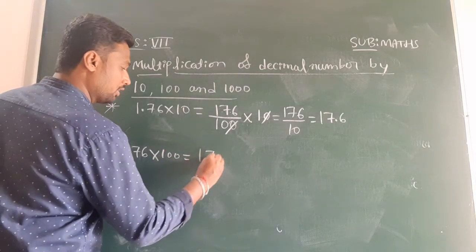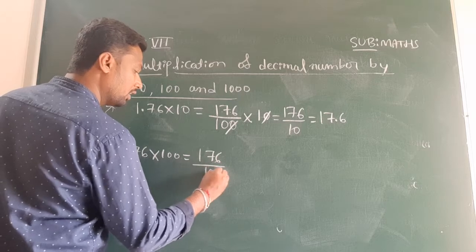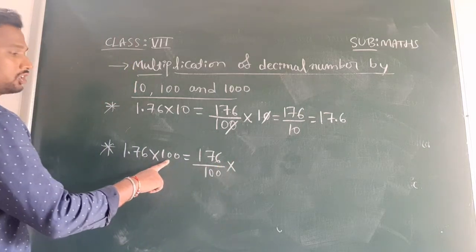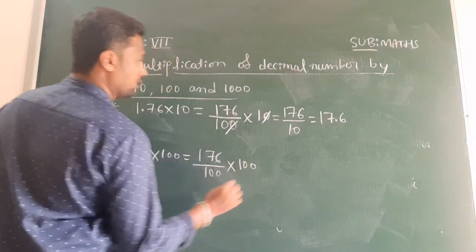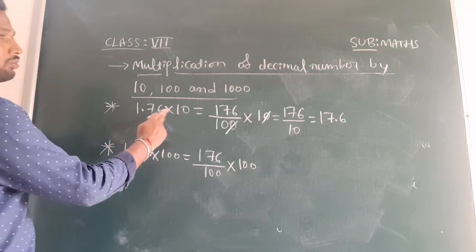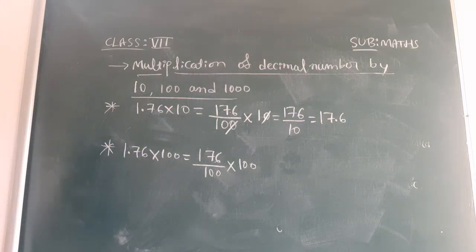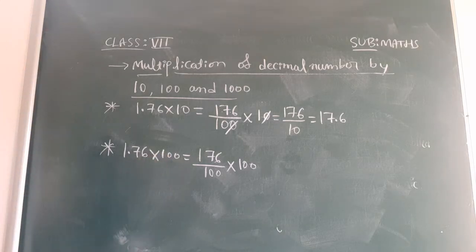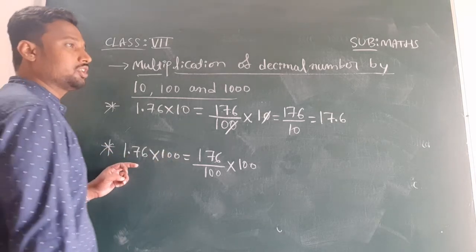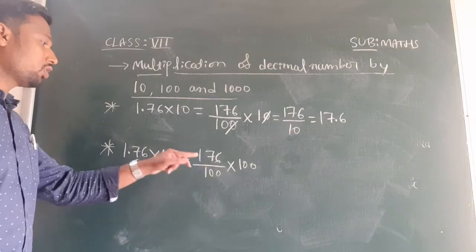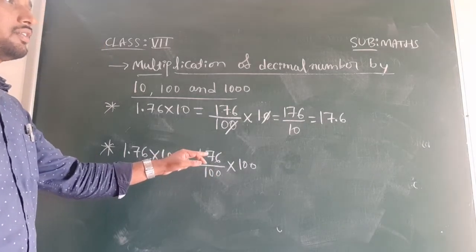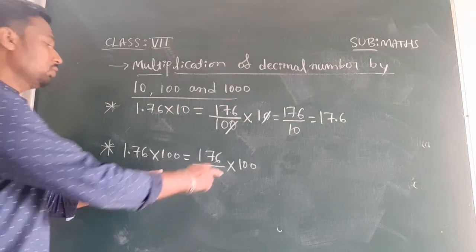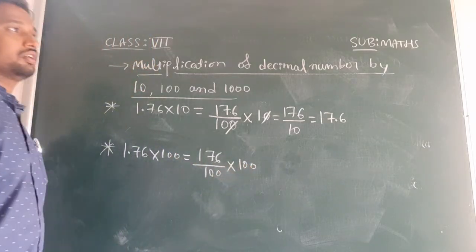Like this only, 176 divided by 100 into, next what you have here? 100. Here we multiplied this 1.76 with 10, and here we are multiplying this 1.76 with 100. So if you convert this 1.76 to fraction value, we got here 176 divided by 100 into 100 I have written as it is.